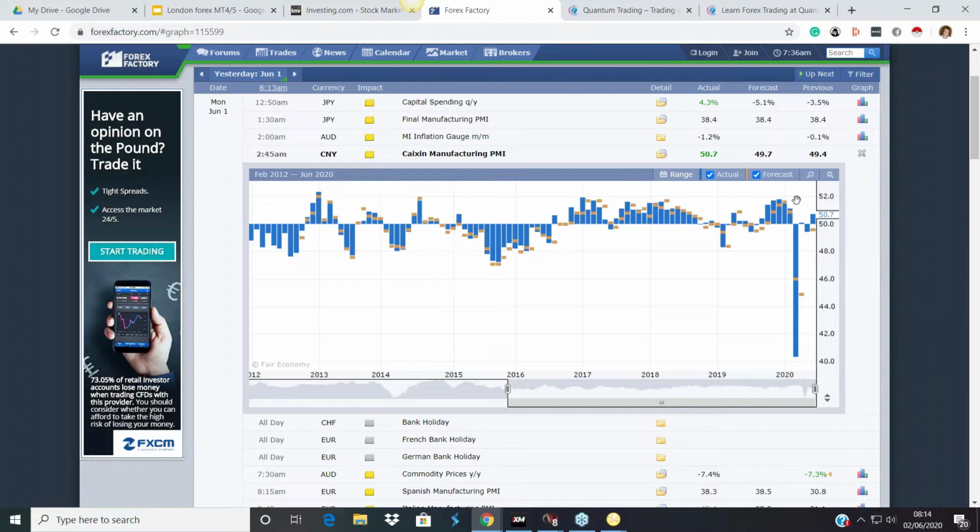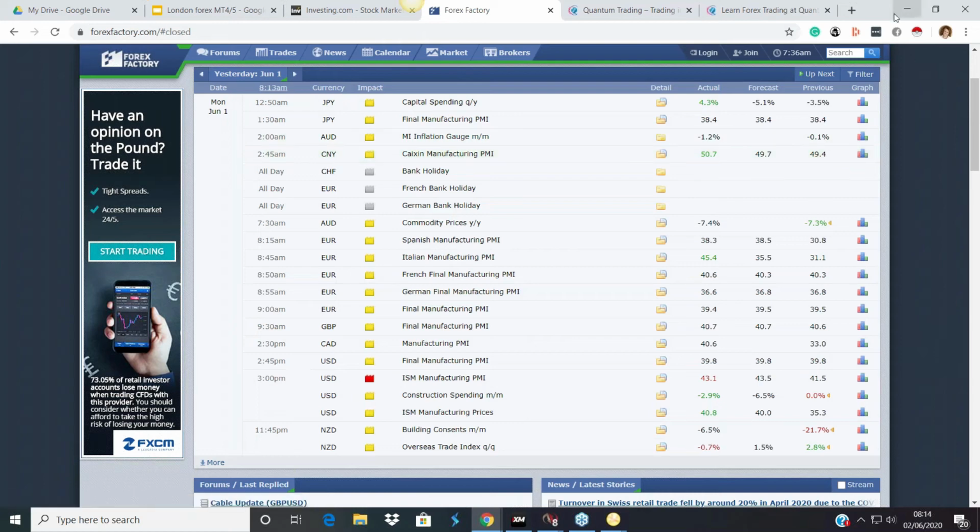The inflection point for the PMI data is 50. It came in at 50.7. The market took that as a very positive read, and those of you who were trading yesterday saw that the Aussie absolutely flew yesterday and went higher and higher and higher. And as I said, this is the very close relationship between the Aussie and the Chinese economy.